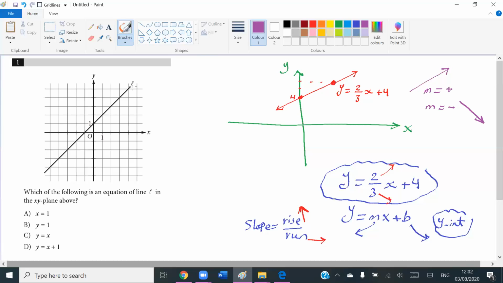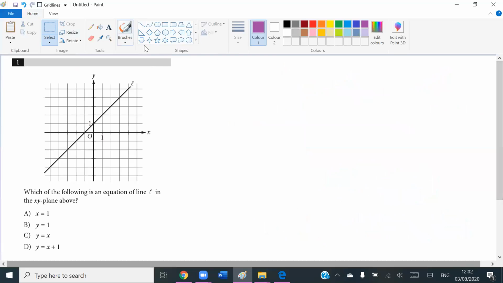Now, I return back to my question. Look at the given graph. You are given the line L. The first answer, x equals 1, is wrong, because as I said, if we have only one variable, the line will be a vertical line.